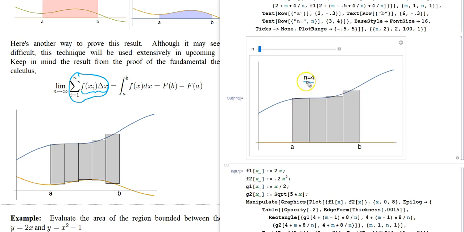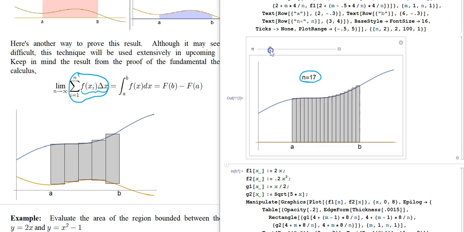So notice that in this graphic, if I let n get larger, you'll see how these gray rectangles perfectly fill in the area under the curve. So just watch what happens as n increases. You see, as n is increasing, we're getting a better and better approximation to the area under the curve if we add up the area of each of those rectangles.